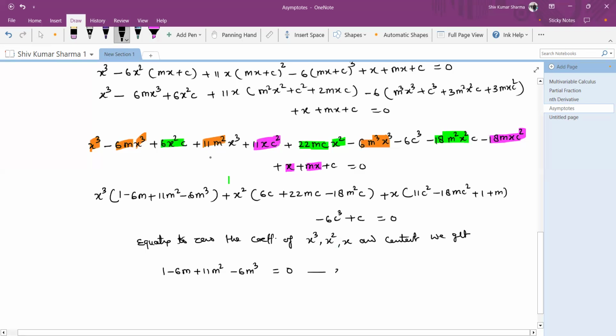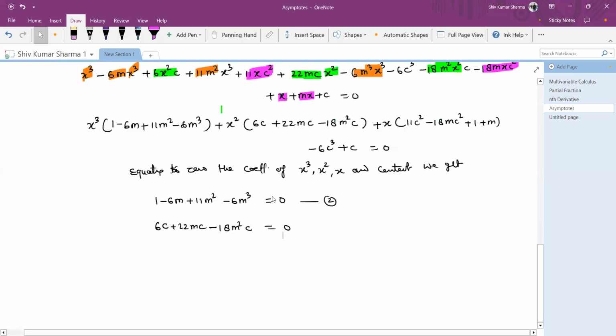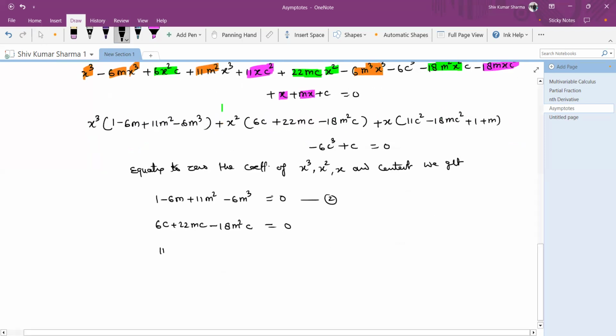So this is our equation number 1. Second equation, we have 6c plus 22mc minus 18m square c is equal to 0. Third equation, we have 11c square minus 18mc square plus m plus 1 is equal to 0. And the last, we write down minus 6c cube plus c, the constant, is equal to 0.